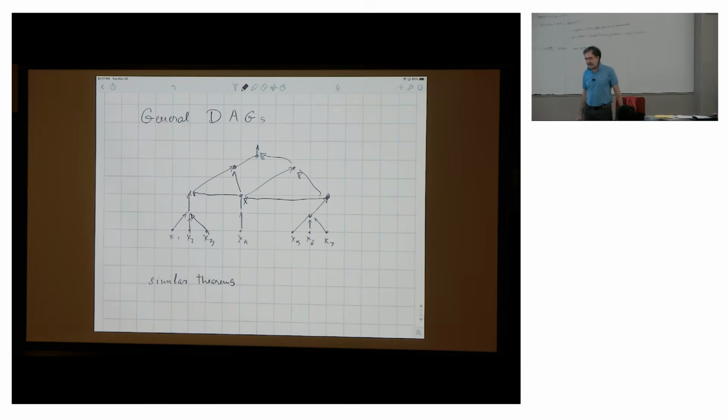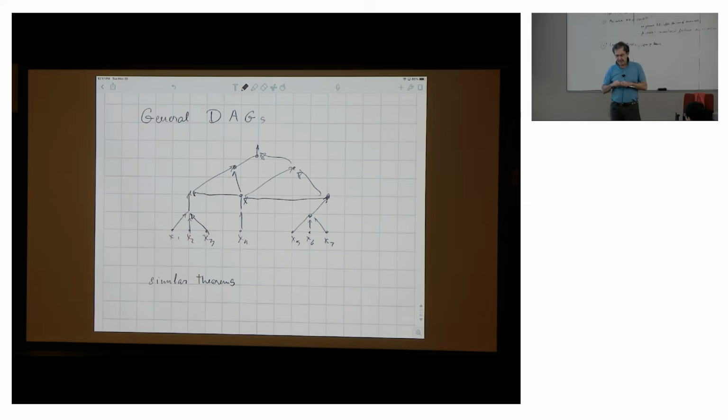If you think back at these binary trees, a number of remarks. One is that in the binary tree, I had constituent functions of dimension 2. The theorems work for other dimensions, like 3 or 4 or 5.